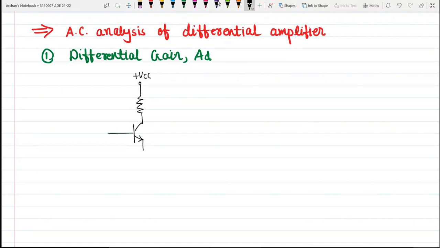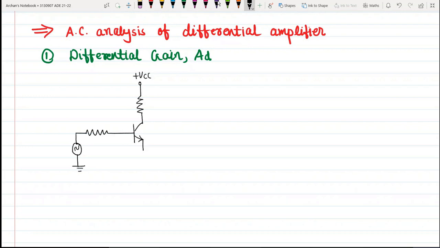This is the base of the transistor, where we have some source resistance Rs, and there will be an AC input signal over here.